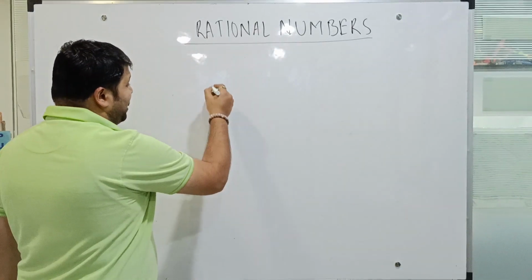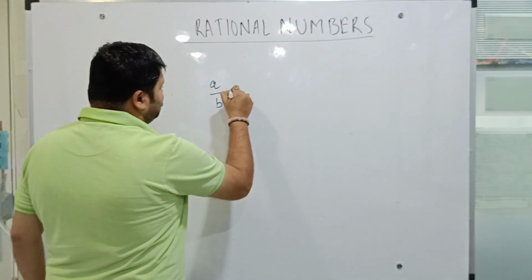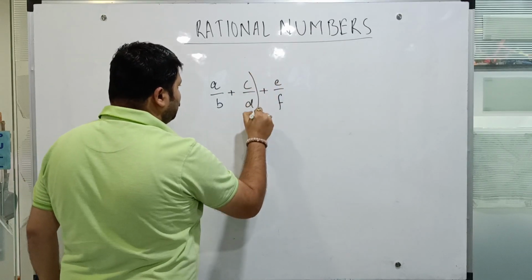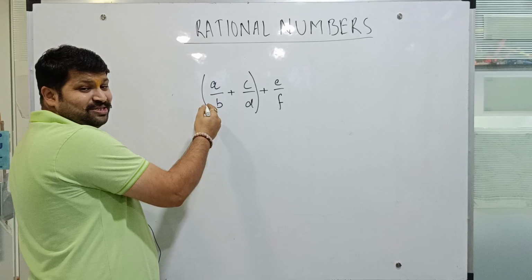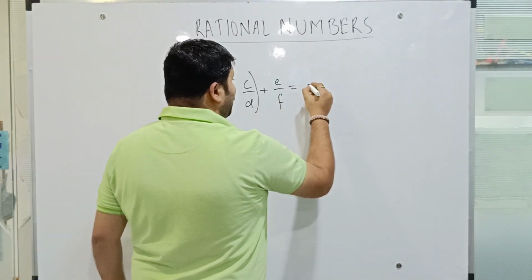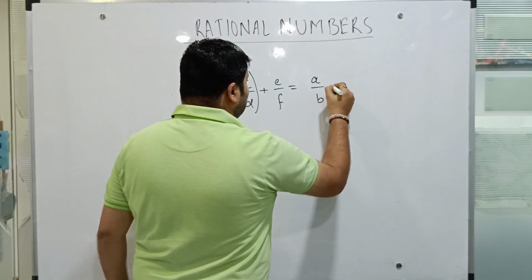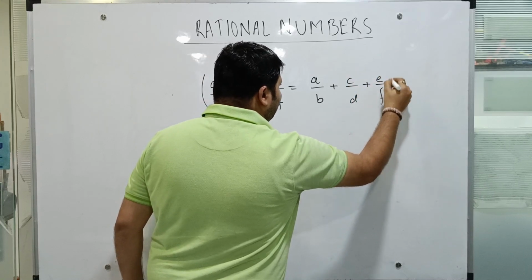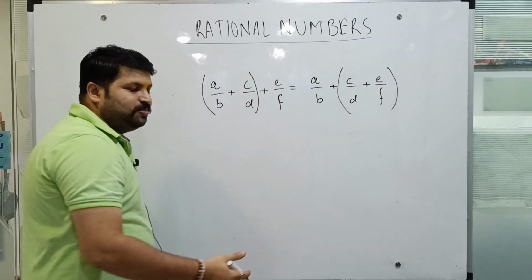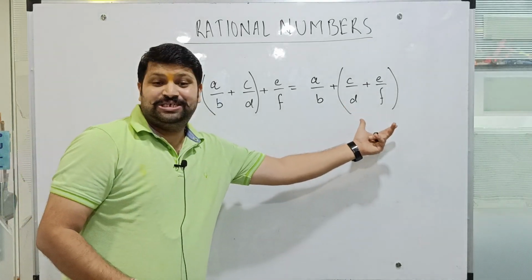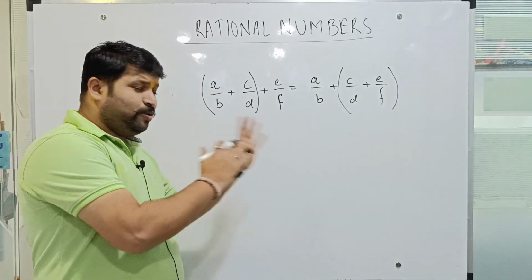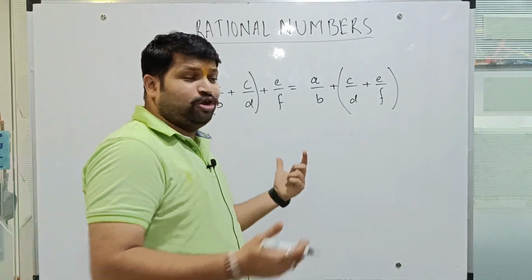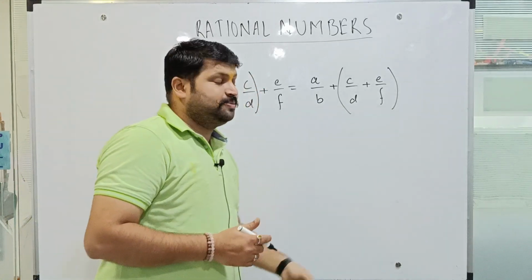Meaning, if I have A upon B plus C upon D plus E upon F, if I add these like this in the first case, and I group them the other way in the second case, in both the cases, the final answer should be the same. It is pretty logical, makes sense. So let us see whether it actually works.